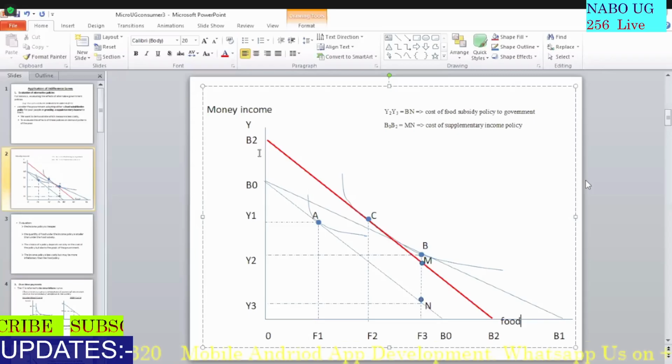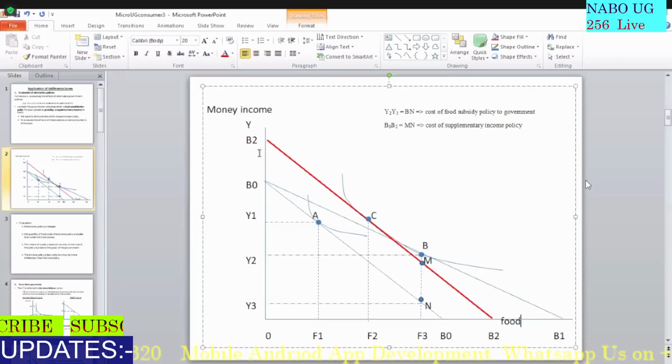Now, that means MN is the cost of the supplementary income, and it is equivalent to BOB2. Then BN, which is equivalent to Y2, Y3, is the cost of the food policy.